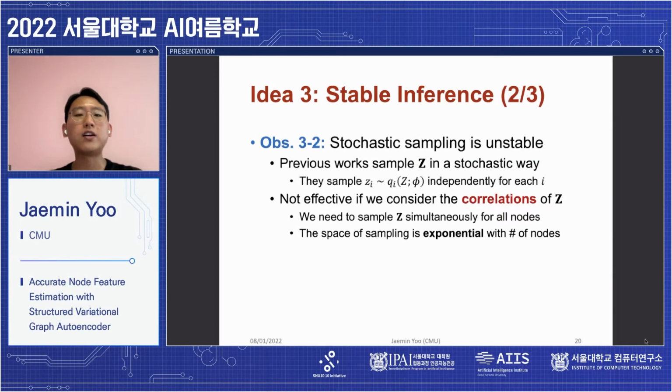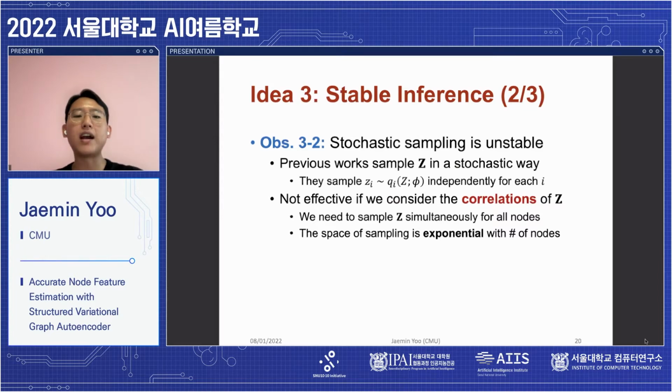Another observation is that stochastic sampling of latent variables is very unstable in our case. Previous works on variational inference sampled latent variables Z in a stochastic way from a Gaussian distribution or any parametric distribution of Z. This is possible because they sampled Z independently for each sample, modeling the independence between those variables.